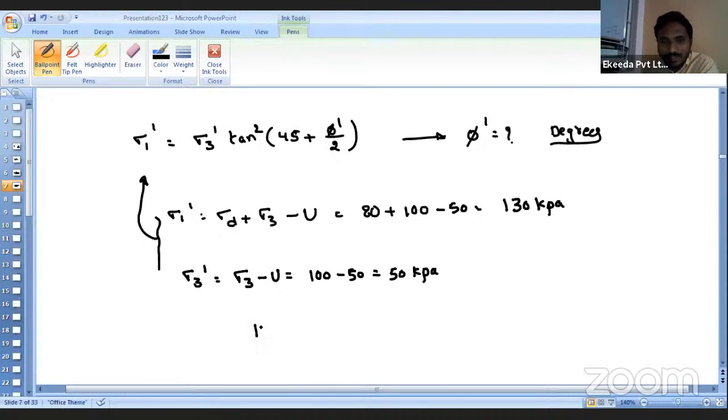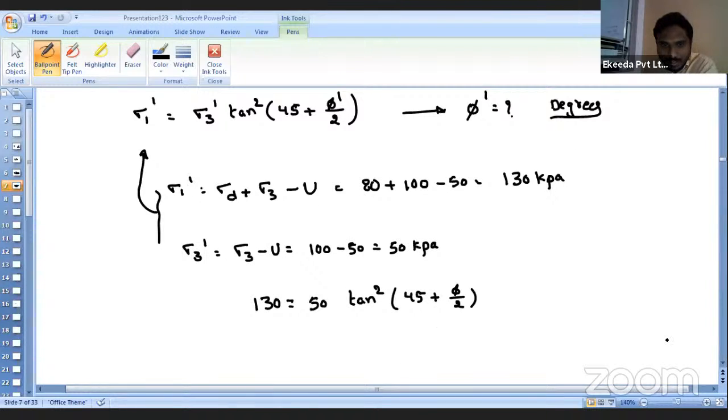Sigma 1 dash, that means we are using 130, will be equal to the minor value, that is 50, into tan square of (45 plus phi dash by 2). Now, if we take 130 by 50, and also take the square root, we get tan of (45 plus phi dash by 2).